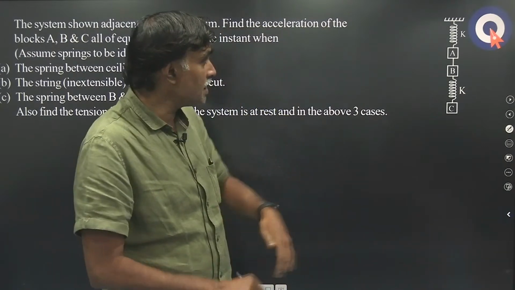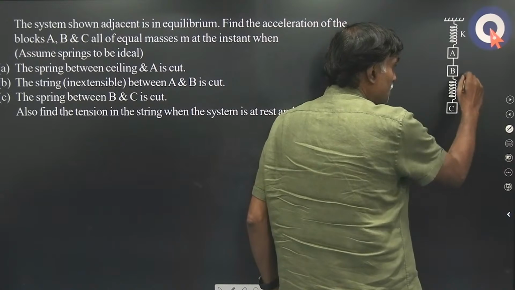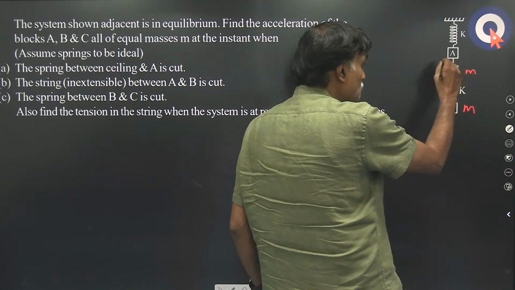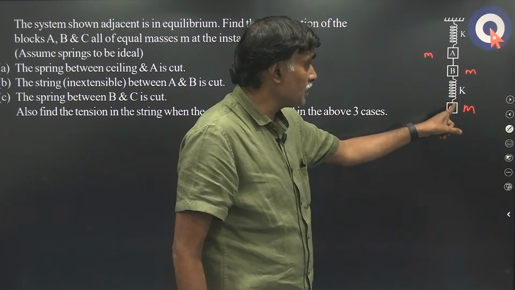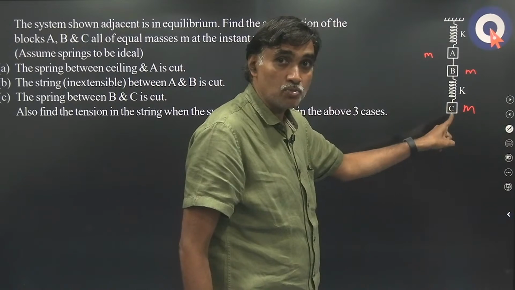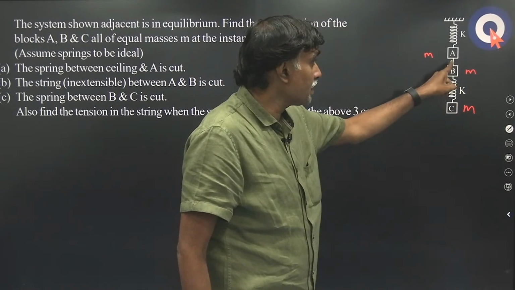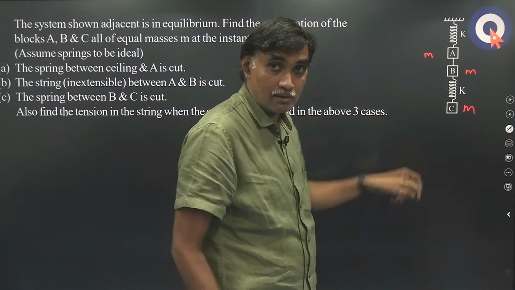So initially they are in equilibrium. What is the mass of each block? This is small m, this is also small m, this is also small m. Then what is the tension in this spring? If I consider equilibrium of this block, the tension in this spring is equal to small mg. Then here the tension in this string equals 2 small mg.